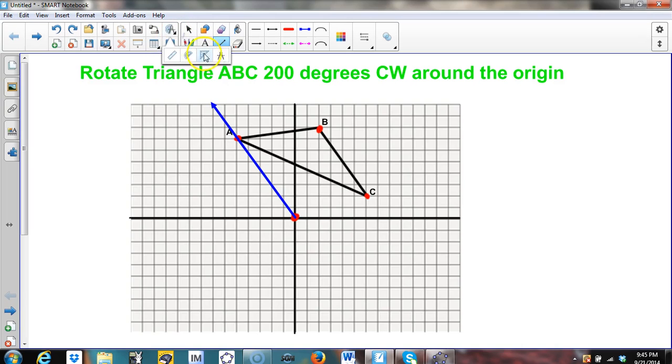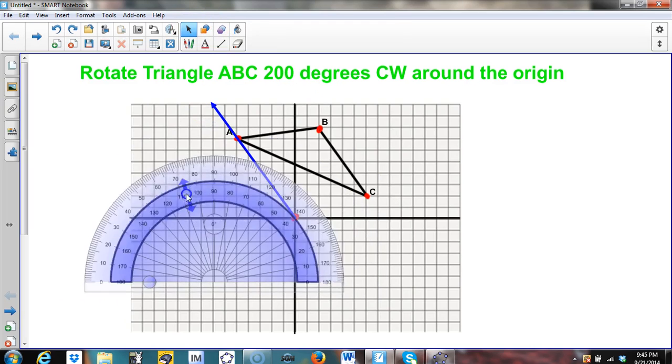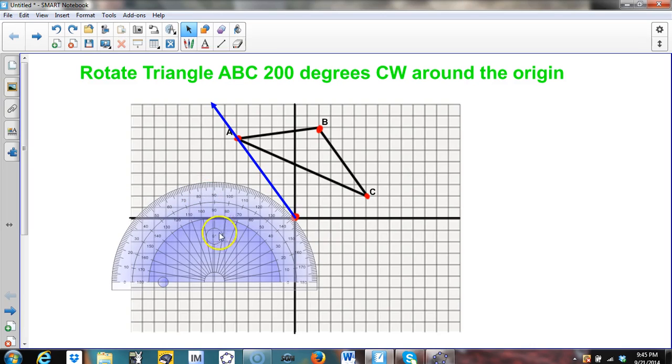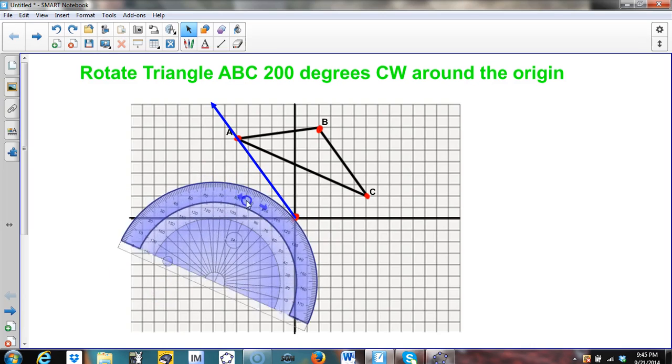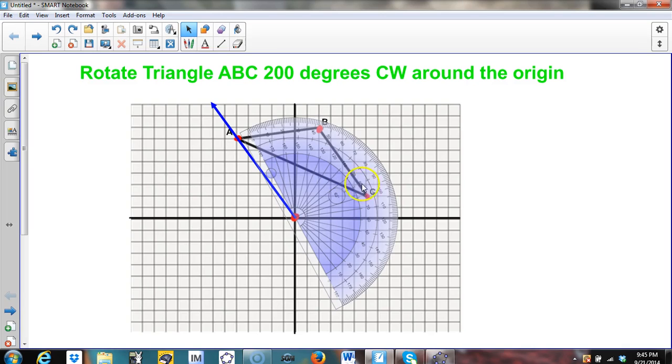Alright, so I'm going to grab my protractor here. I'm going to put the vertex, the center of rotation, right at that middle of my protractor, that intersection. That's where the vertex is going to go. Since the ray that I made here going through point A, the half of my angle, is on the 0 line of my protractor on the left side, I have to count 200 degrees going in a clockwise direction, starting at 0.